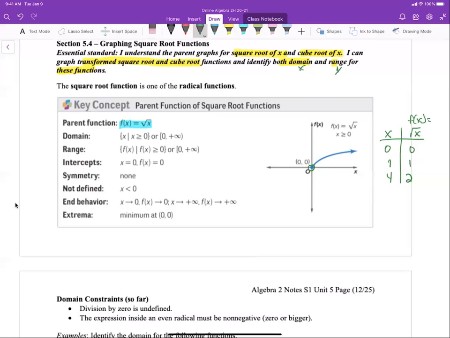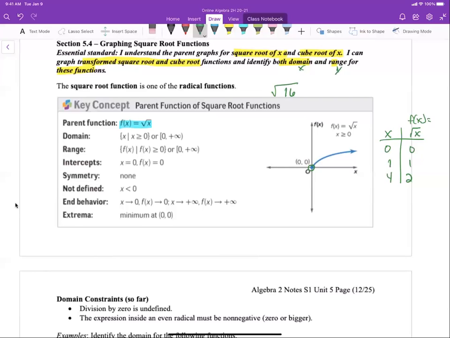Now, we have learned recently that we cannot have a negative number underneath an even radical, right? Because we ask, in this case, let's say the square root of 16, what times itself twice is equal to 16?